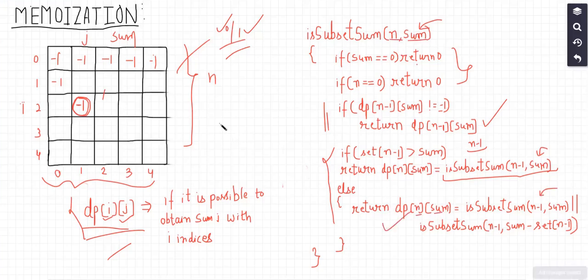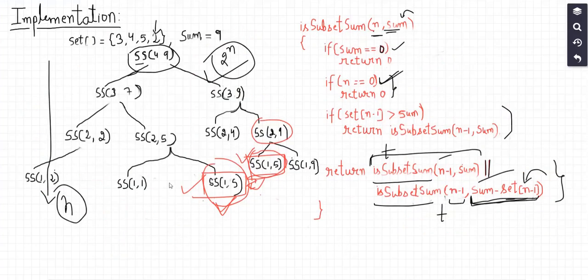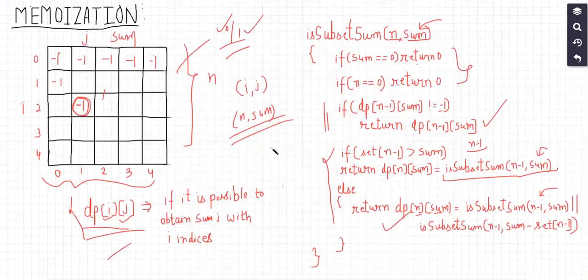So what is the time complexity of this solution? The function is called only for unique i and j pairs, or unique n and sum pairs. That means the redundant calls are cancelled. All we have to do to count the number of function calls is count the unique pairs. Unique pairs are ordered pairs, so (1, 2) is not equal to (2, 1).